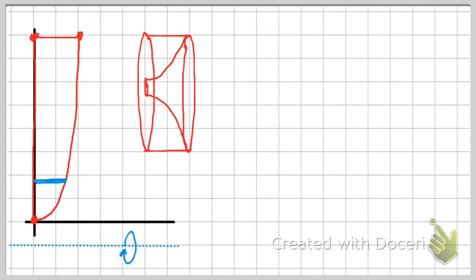All right. What's your thickness? Your thickness is dy, which means everything's got to be in terms of y.